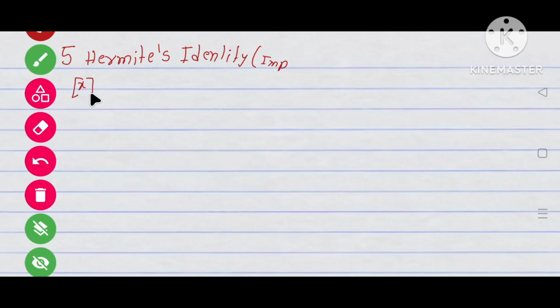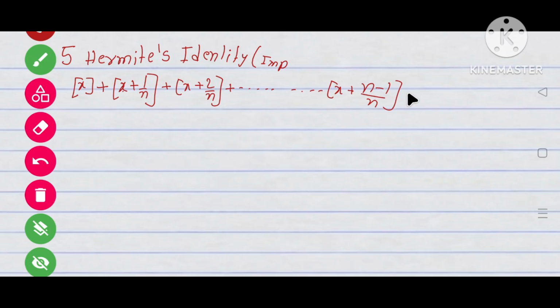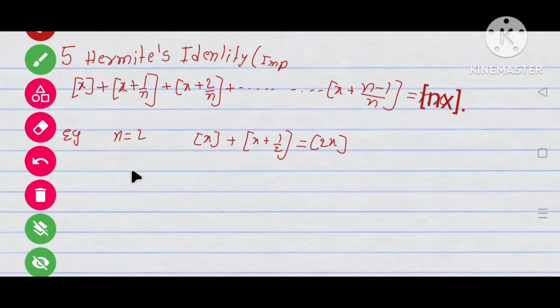Step of x plus step of x plus 1 by n plus step of x plus 2 by n and so on, up to step of x plus n minus 1 by n, is equal to step of nx. Let's take n is equal to 2. Step of x plus step of x plus 1 by 2 is equal to step of 2x.